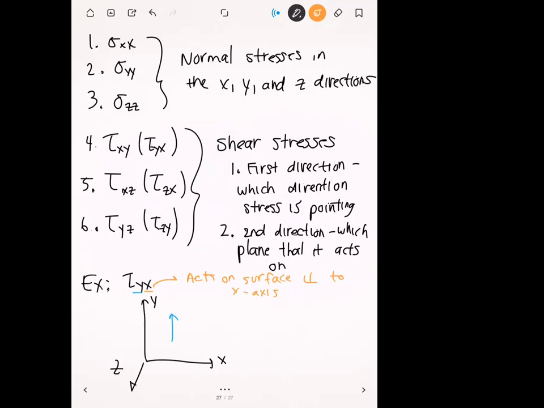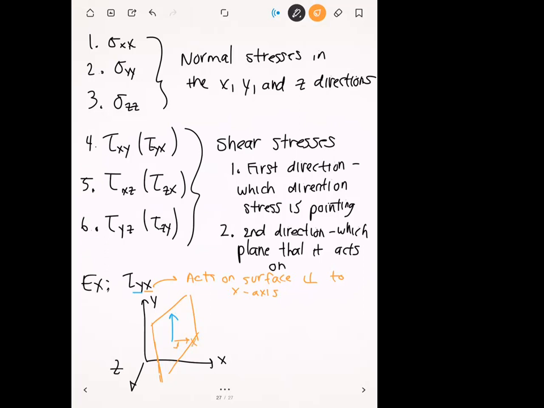If we say that the x direction here is our normal vector, and we draw a surface that's perpendicular to that, which is very hard to do on a 2D surface, you can imagine that part of this surface is coming out of the page and going into the page, whereas the x direction is perpendicular to it.